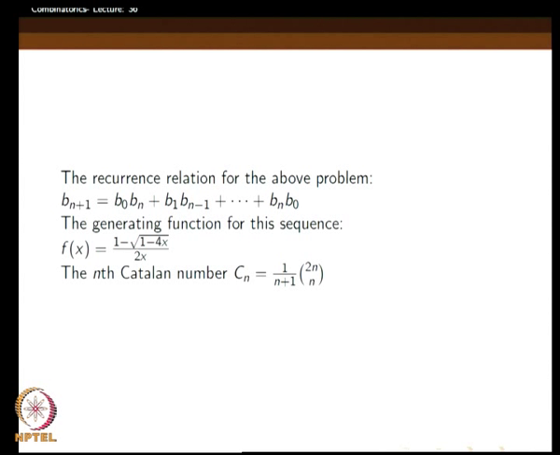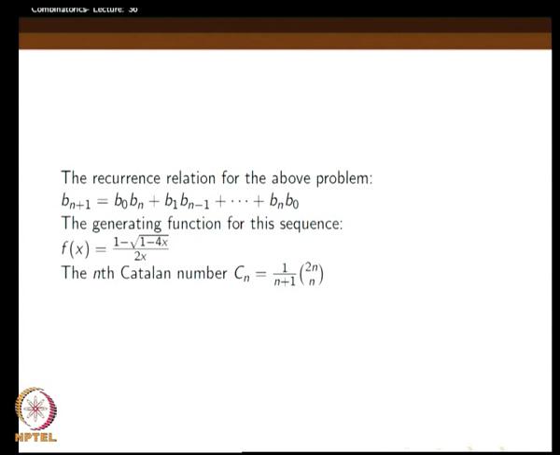The generating function is 1 minus root of 1 minus 4x by 2x. Though we got two solutions when we solved the quadratic equation, 1 plus or minus root of 1 minus 4x by 2x, we saw that if we take 1 plus root of 1 minus 4x by 2x, then all these bi's will become negative numbers. That is not reasonable, because we are counting something and we want positive integers as answers.